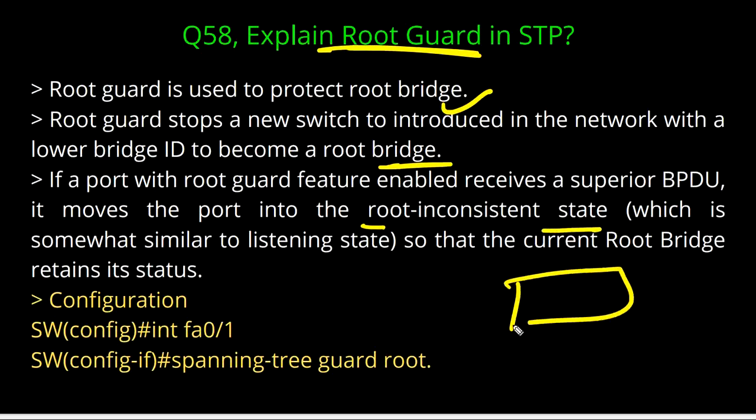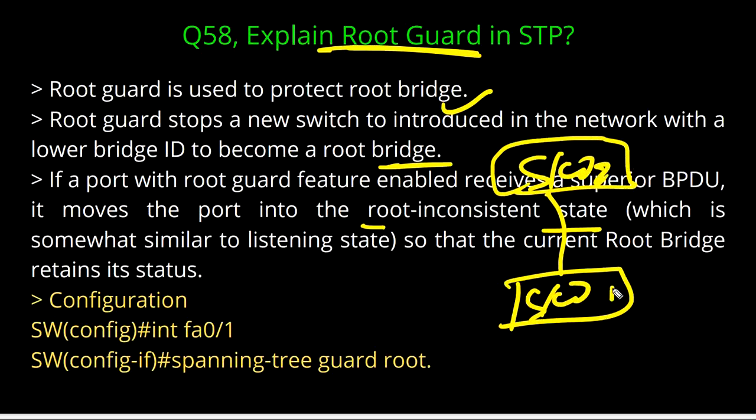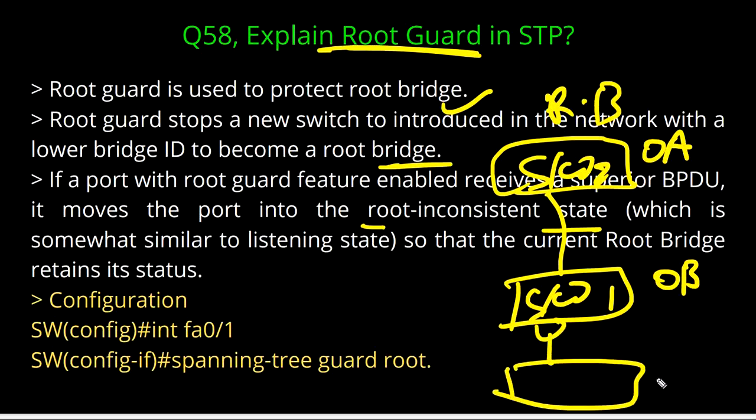So suppose this is my switch 2 and this is my switch 1, the MAC address of this switch is 0A, the MAC address of this switch is 0B, so this is my root bridge. And here if an attacker attaches their switch with MAC address 00, suppose this is switch 0, then this switch will transmit a superior BPDU, right?